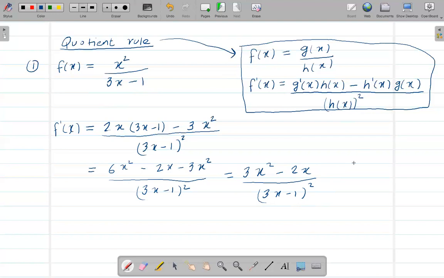Okay, so now let's do another example. This will be the last example. f of x is equal to natural log of x over 1 plus e to the power x.